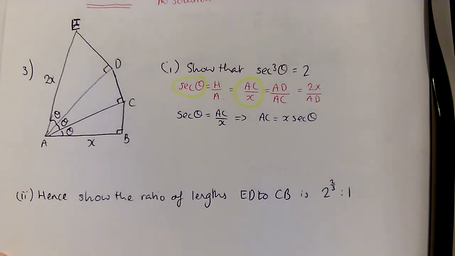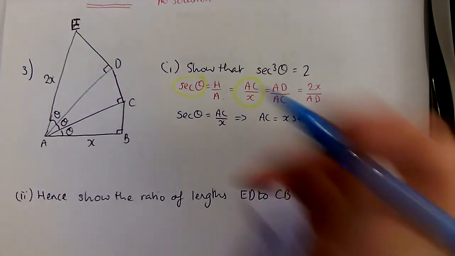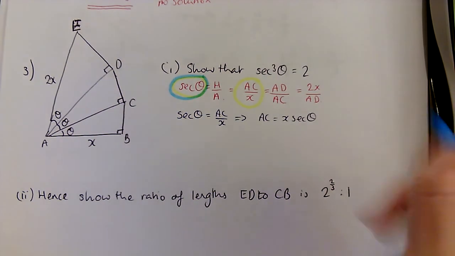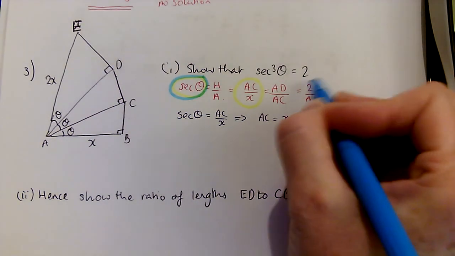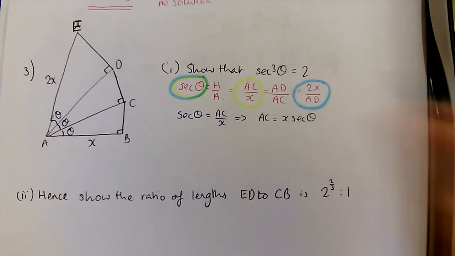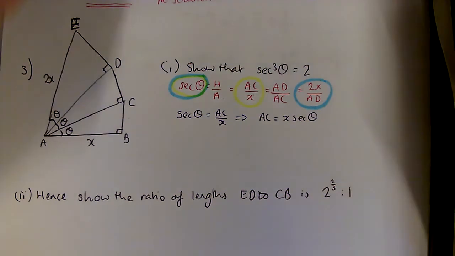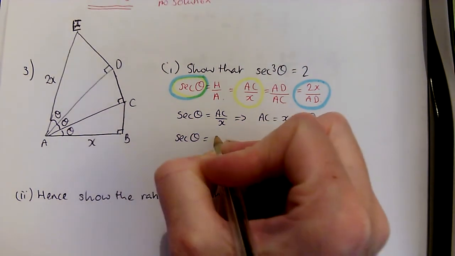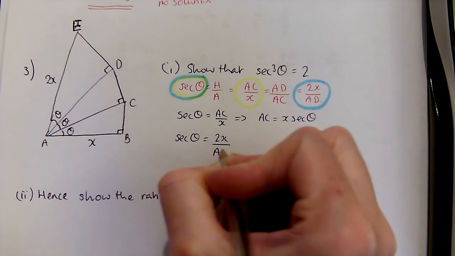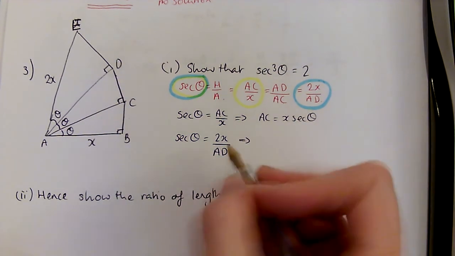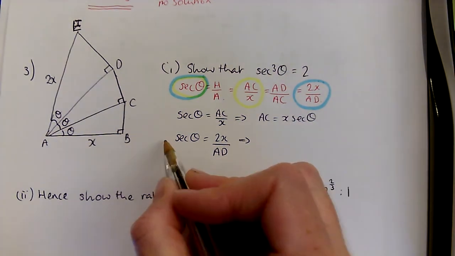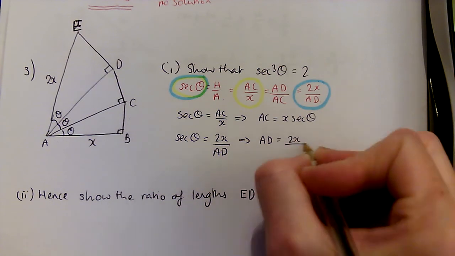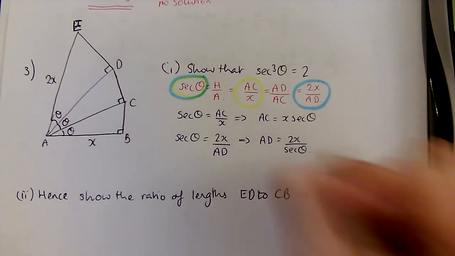Now then, we've got sec theta is equal to 2x over AD. So if we use that, sec theta is 2x over AD. Now that tells us that AD is going to be 2x over sec theta.